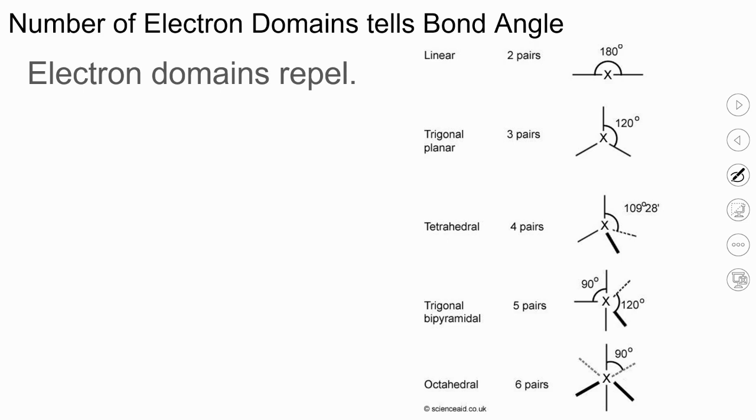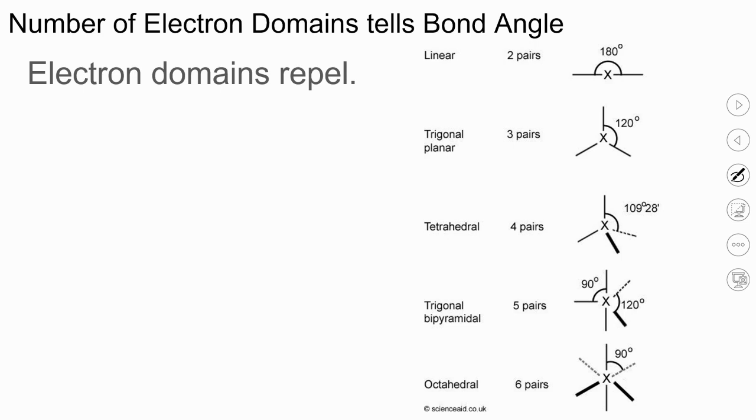Especially if you hold it up to your planar sample, these groups are getting pushed down. The bond angles between those are 109.5. That's called tetrahedral.